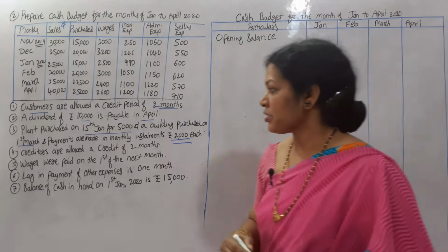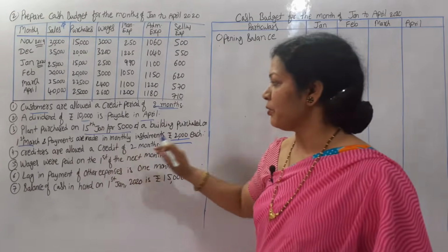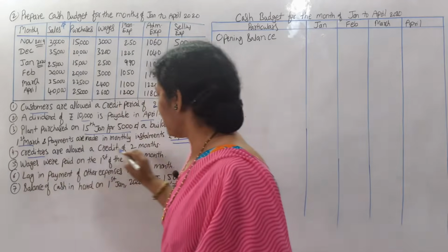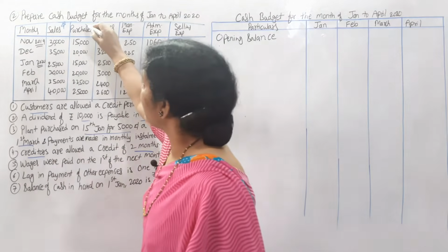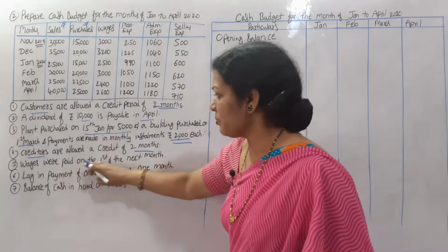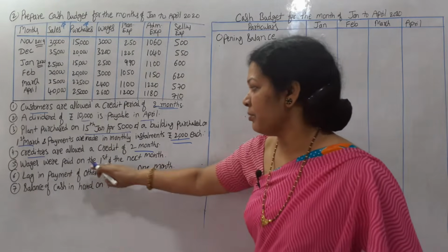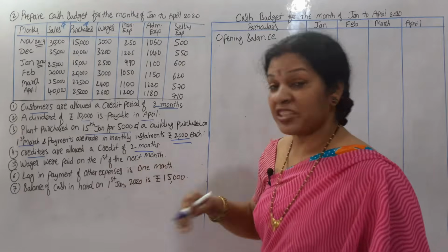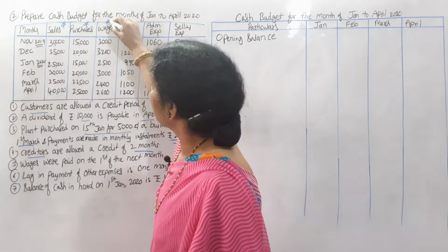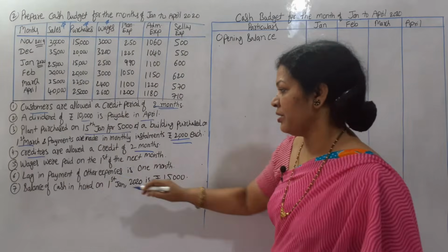Next one, creditors allowed a credit of 2 months. Creditors means related to the purchases. Next, wages were paid on the 1st of next month, means there is a delay of 1 month. Adjustment related to the wages is also there.